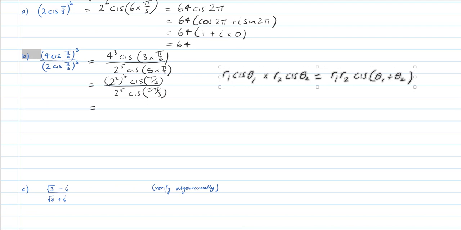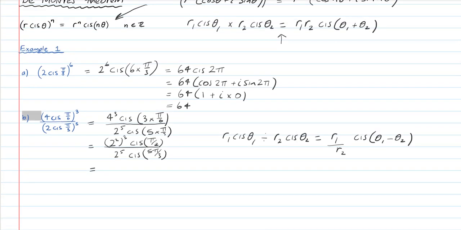If we divide those two, we actually get r1 over r2, and cis (theta 1 minus theta 2). So that's a nice little rule that works there as well.